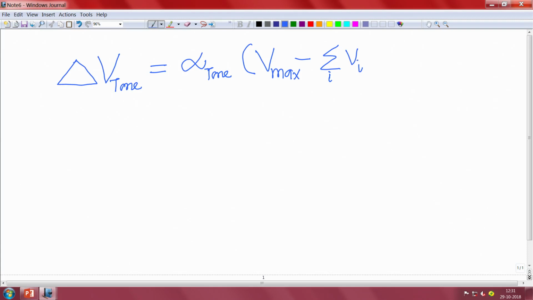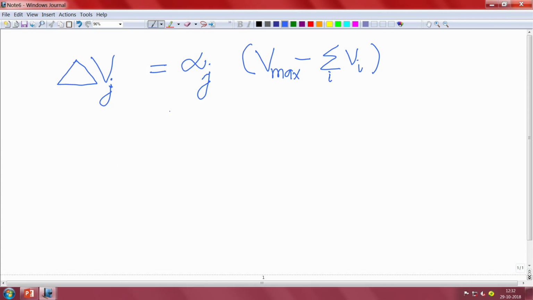Here is i and V i. For consistency's sake, if you are generalizing this expression across multiple stimuli, I would replace that with some j, and this i includes j. You add up all the stimuli.